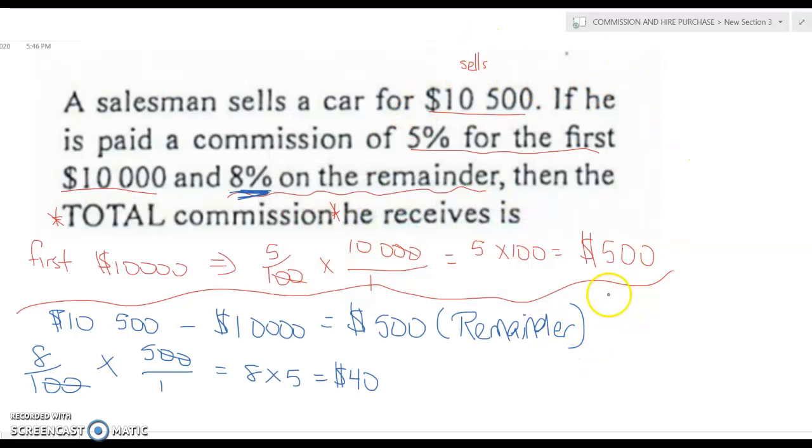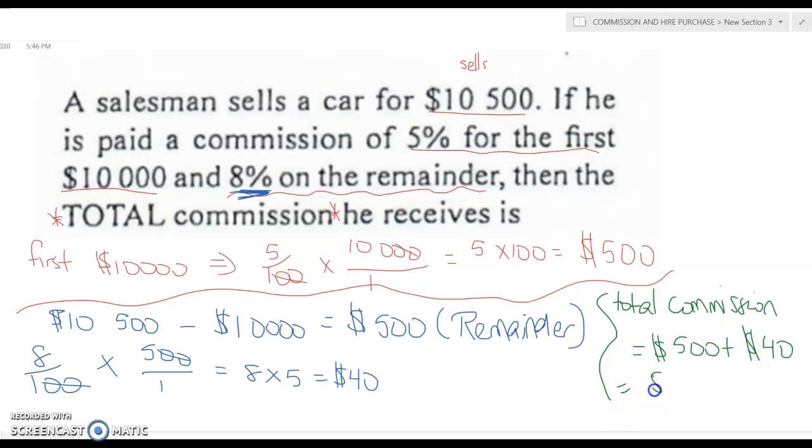So let's see if we can fit this in right here. Total commission would be that 500 that he got from the first 10,000, so 500 and then the $40. So it's $540. This is total commission, and this is my final answer. Very, very simple, right?